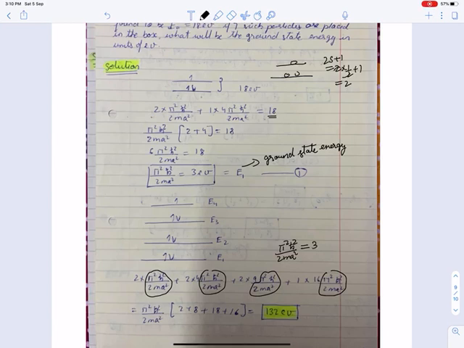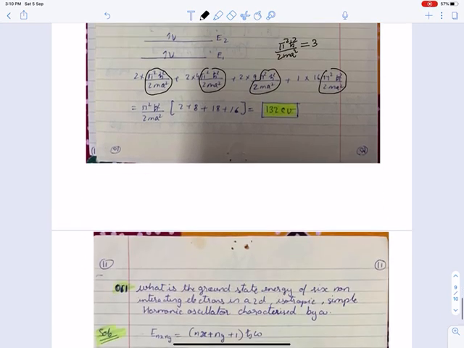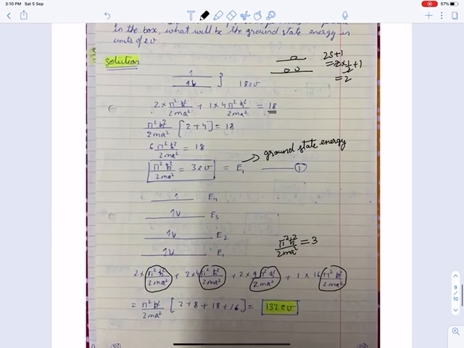Okay, so I take it common, and you can calculate 2 plus 8 plus 18 plus 16, which gives 132 electron volt.